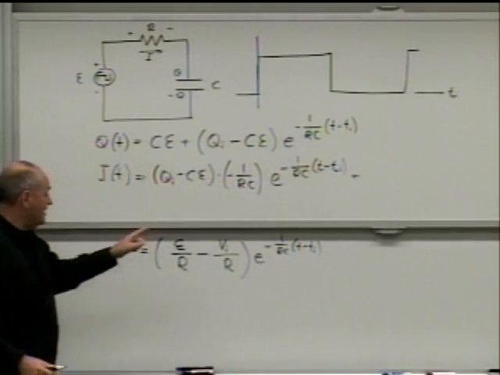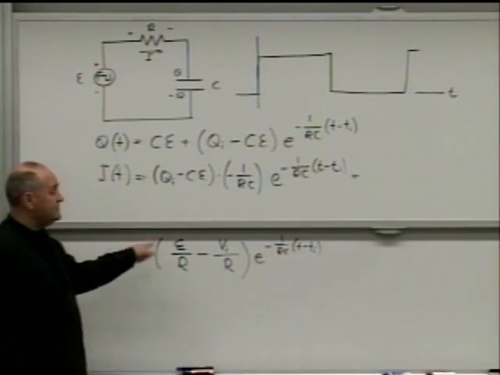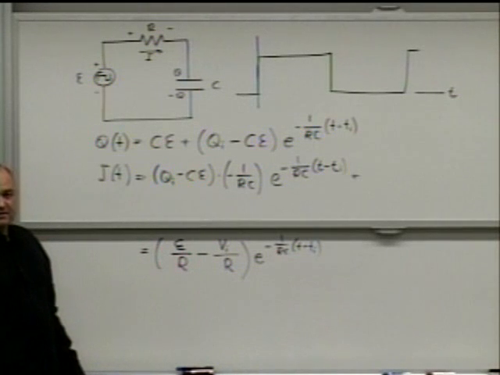Why don't we now try to draw this function on top of the function which we had yesterday? And yesterday, I think that we assumed that resistance of the resistor was 1 kilo ohm, and capacitance was 1 millifarad.